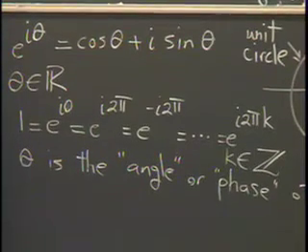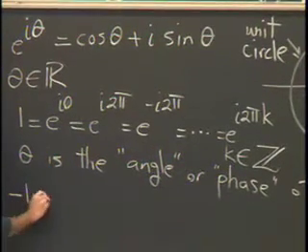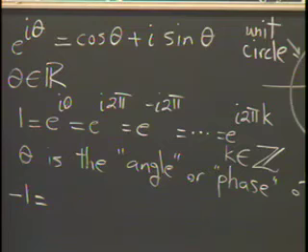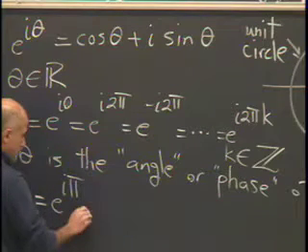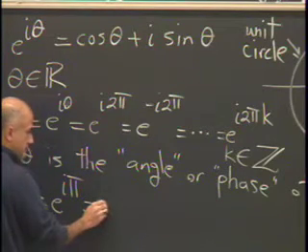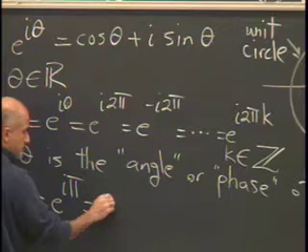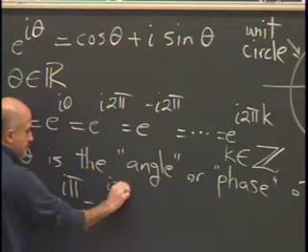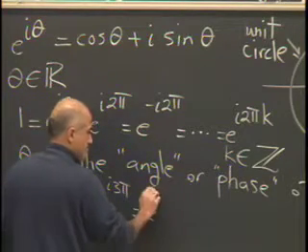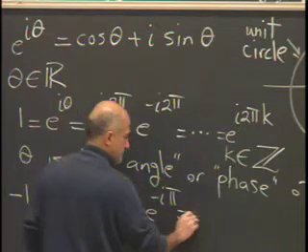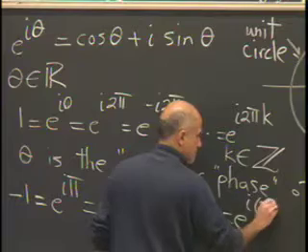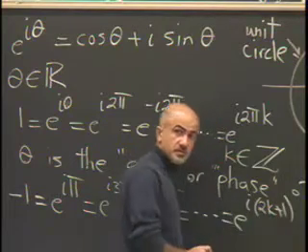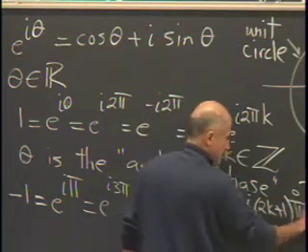So what about the number minus 1? e to the I pi, or e to the I 3 pi, e to the minus I pi. In general, e to the I times 2k plus 1, some odd integer, times pi.